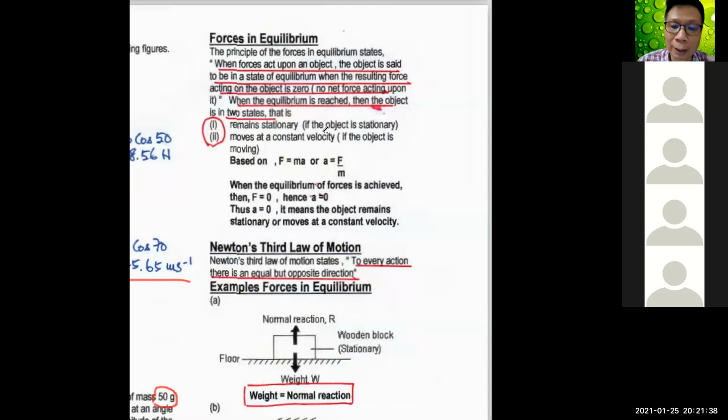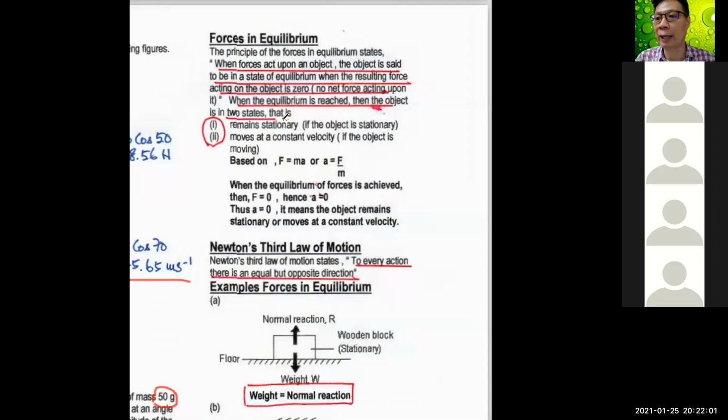Okay, sorry, class. I'll say it again. Forces in equilibrium means when the forces are all cancelled out, so the total force becomes 0. This time we say the net force or the resultant force is 0.